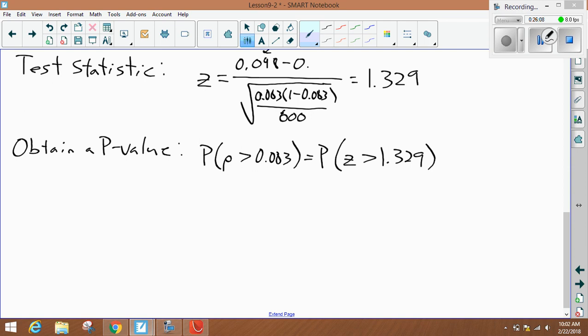Which turns out to be, well, let's draw a picture of it first. So we've got a z-value. If we are looking at standardized values, remember that for our normal distribution, our mean is always at 0, which means that we're looking at a value 1.3 standard deviations above the mean.